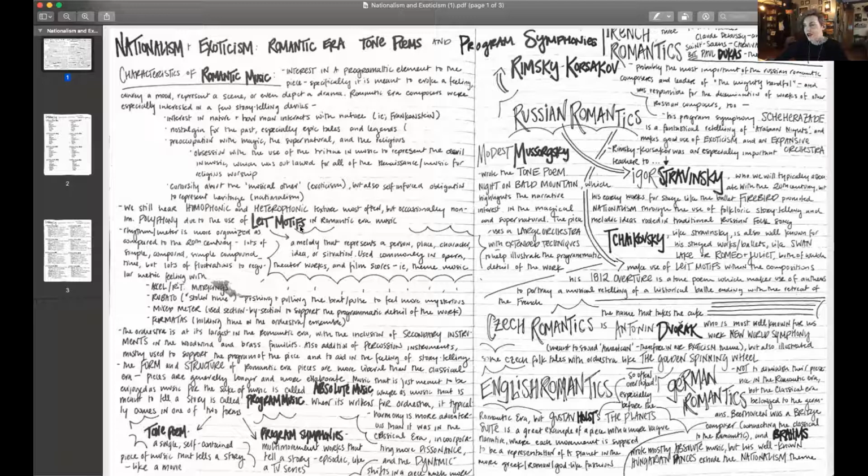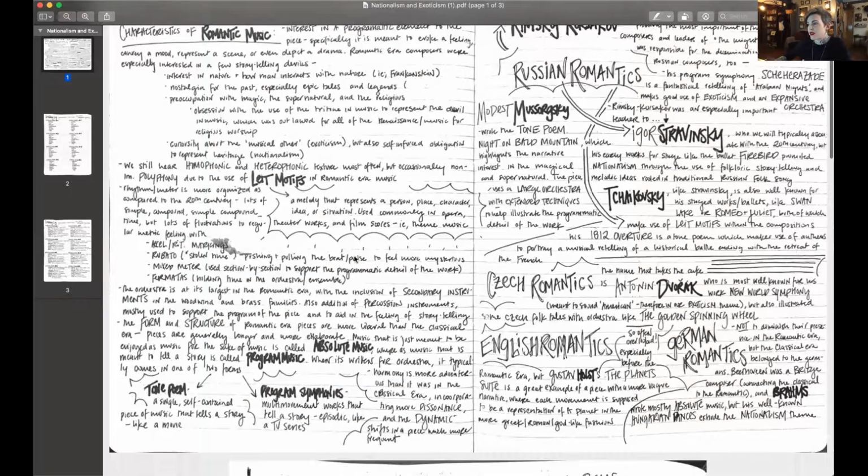So we're going to hear a lot of those cinematic qualities within the compositions that we listen to, and a part of that is because of this leitmotivic design, the idea that there's a melody that represents a number of different programmatic elements within the piece of music.